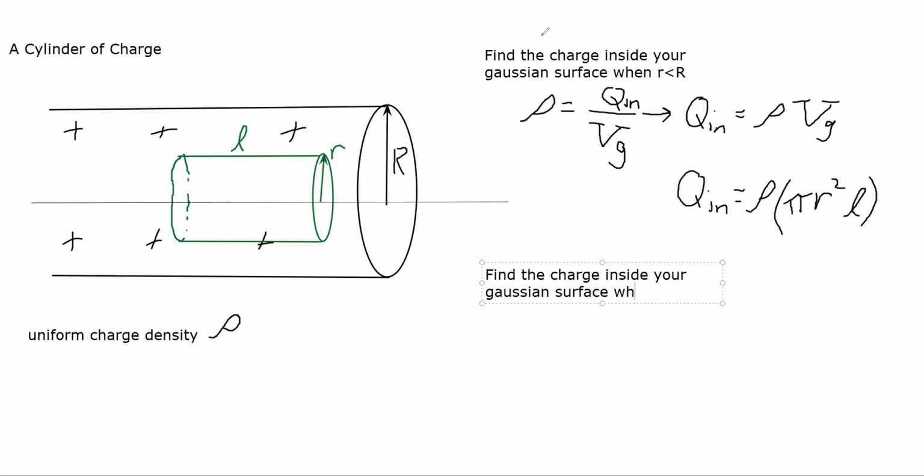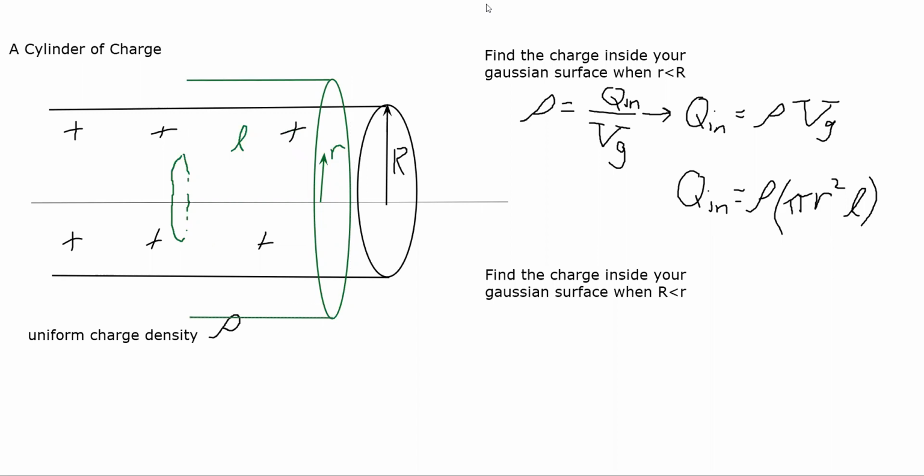when uppercase R is less than lowercase r. Okay, so a different situation there. Now I'm looking at when my cylinder here is larger, which means I'll move this over like this. Let's see if I could do this. That just looks horrible.